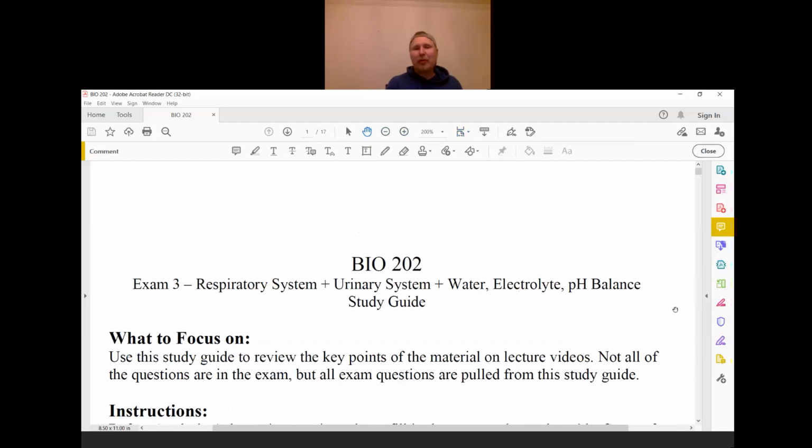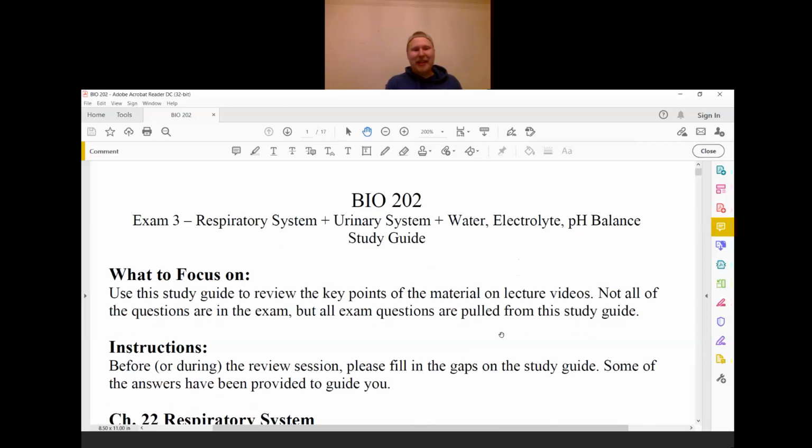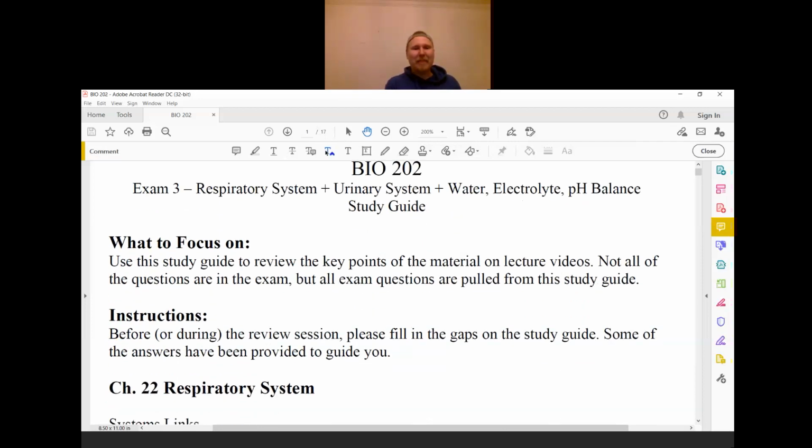We're covering the chapter on the respiratory system, the chapter on the urinary system, and then the final chapter, which is a continuation of the urinary system, looking at water, electrolyte and pH balance. As always, all of the questions in the exam are pulled from this study guide, so it is a good idea to make sure that you get a chance to have a look at that.